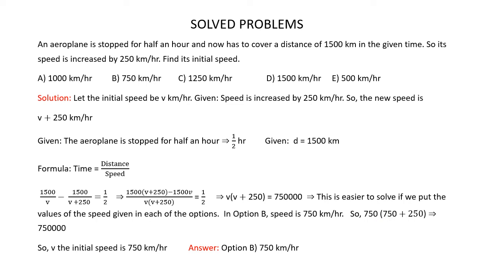Now 750 plus 250 is 1000. 1000 multiplied by 750 is 7,50,000, which is also the case in the given equation. So the correct value of V is 750. So V, the initial speed, is 750 kilometers per hour. So the correct answer is option B, 750 kilometers per hour.